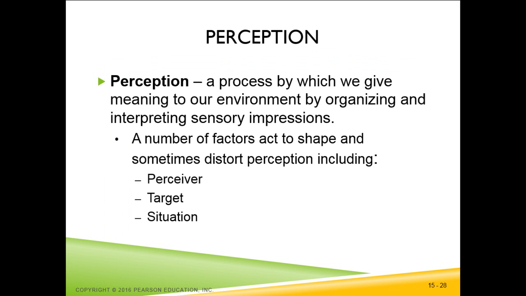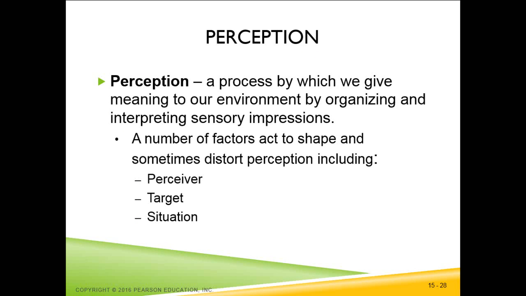Perception is a process by which we give meaning to our environment by organizing and interpreting sensory impressions. Research on perception consistently demonstrates that individuals may look at the same thing yet perceive it differently.